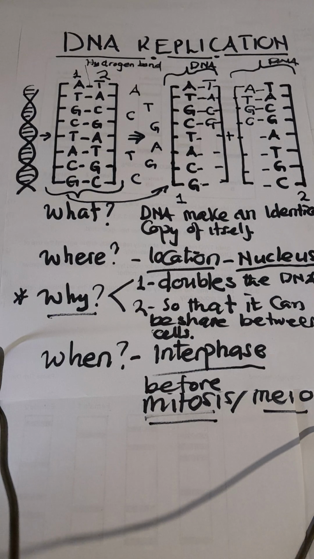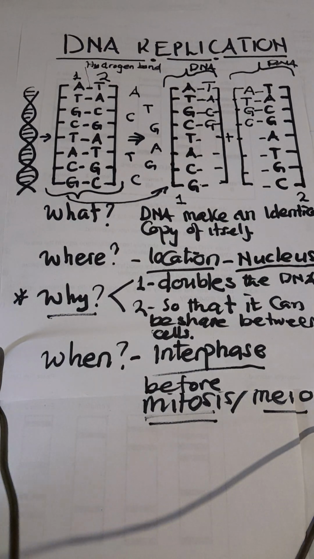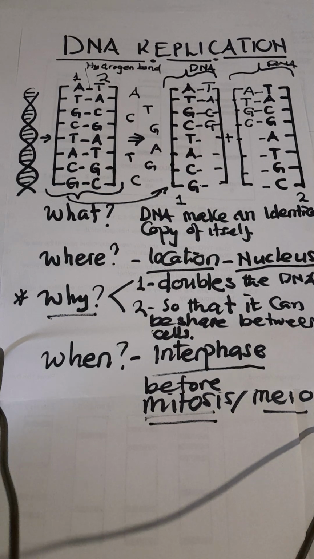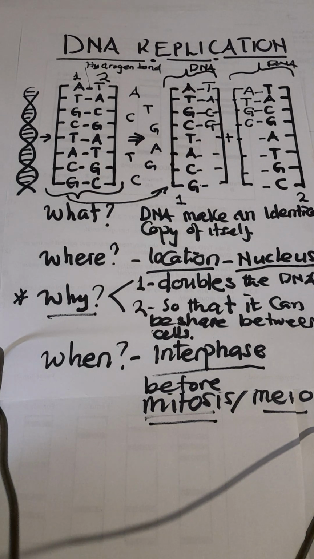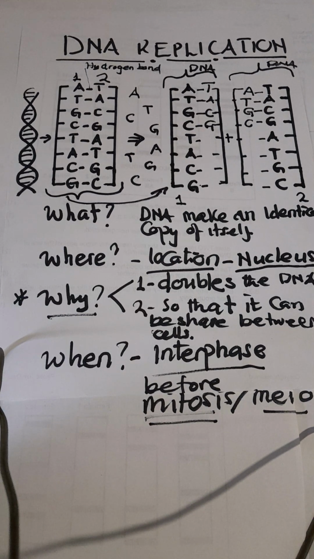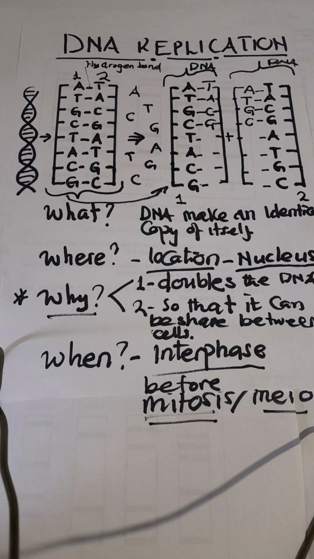So during mitosis, the daughter cells are going to be identical, meaning that they are going to be similar. Why are they similar? Because, remember, they are sharing identical DNA molecules. So that is how you would describe the process of DNA replication.